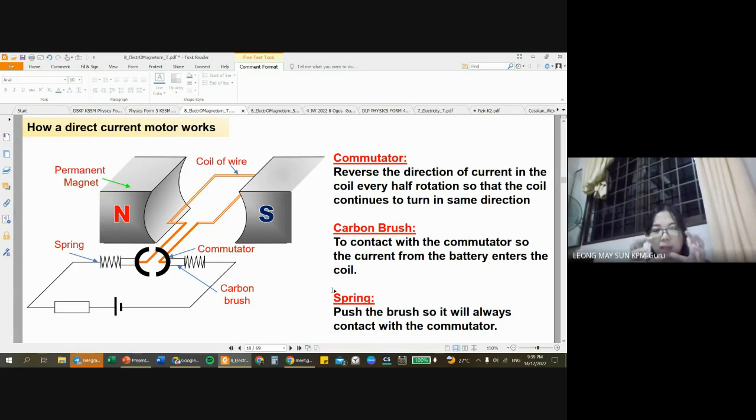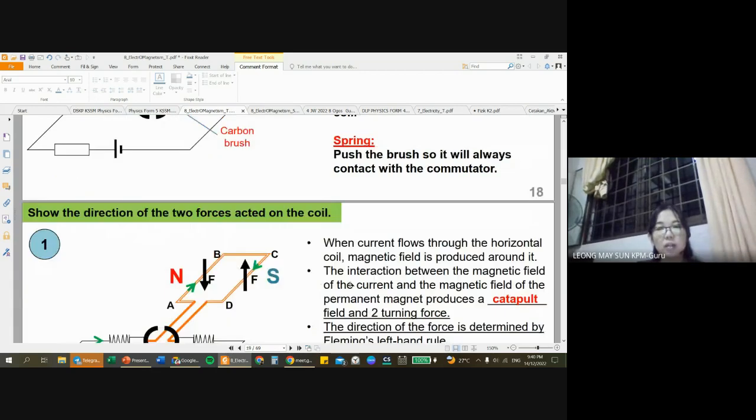So sparking happens when the negative charge, or the electrons, move from the carbon brush to the commutator. When it jumps from the carbon brush to the commutator or from the commutator to the carbon brush, you will see a spark, and that spark is the same as how lightning happens. Okay, so that is the explanation on sparking.